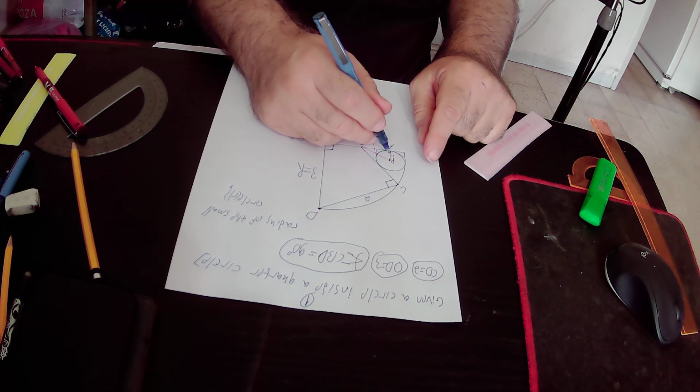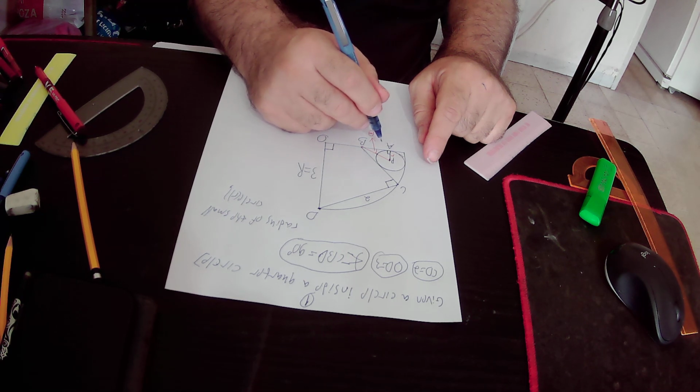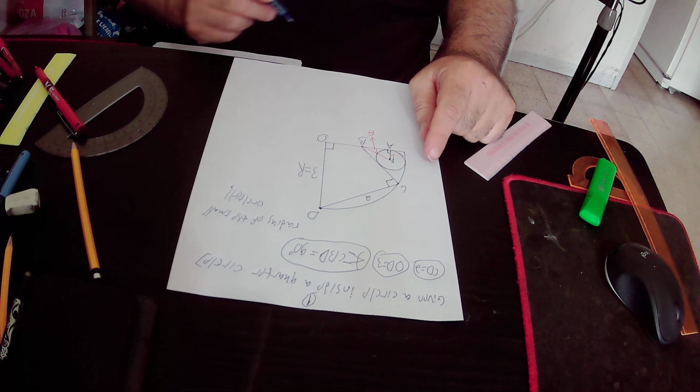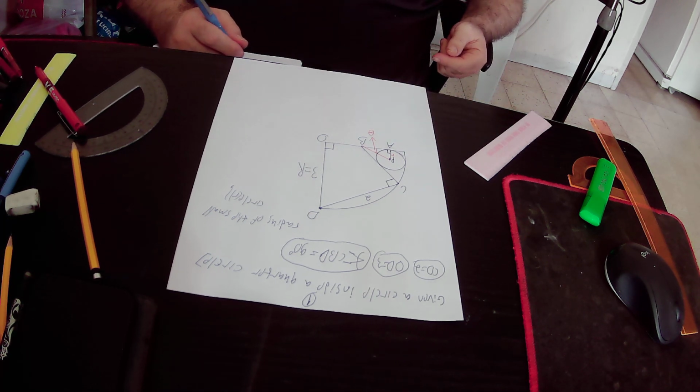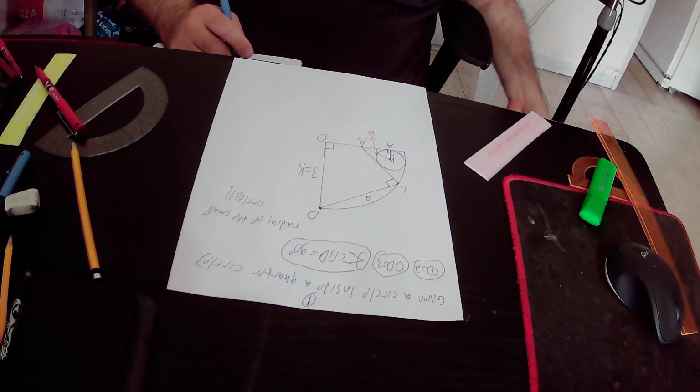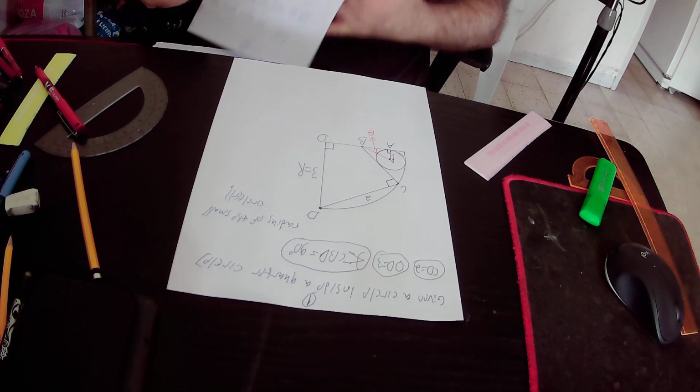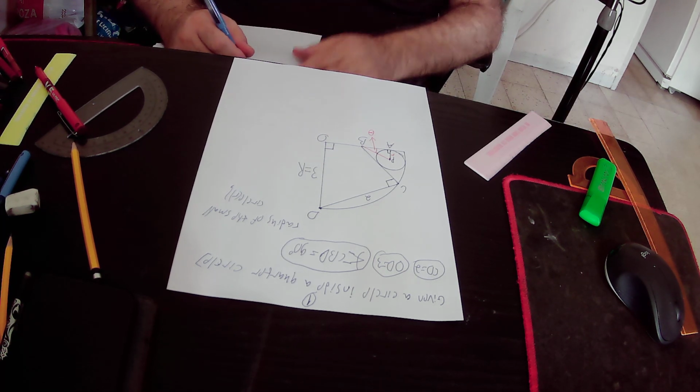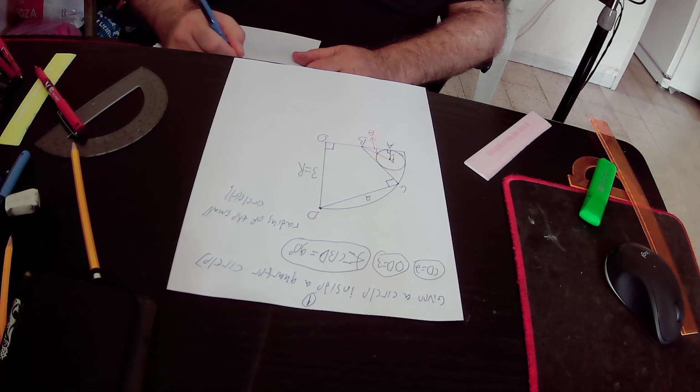That is to say, this angle is a right angle, 90 degrees. Therefore, we can say that tangent theta equals AP over AB.